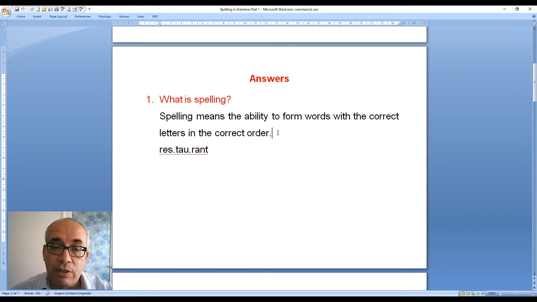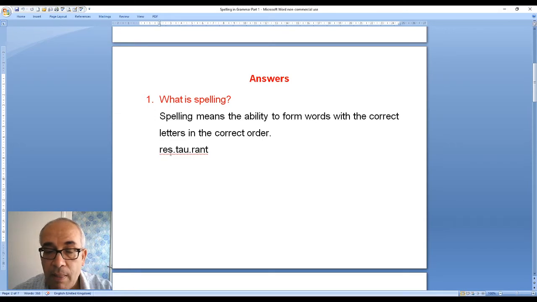So if you look at restaurant, we've got R E S T A U R A N T. So R is before E, E is before S, S before T.